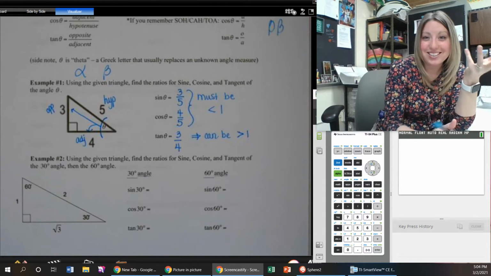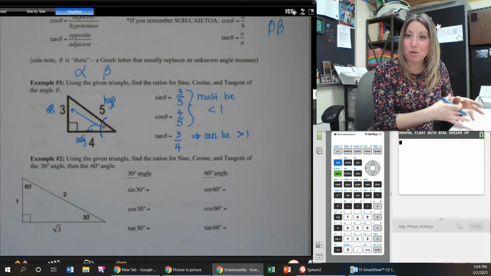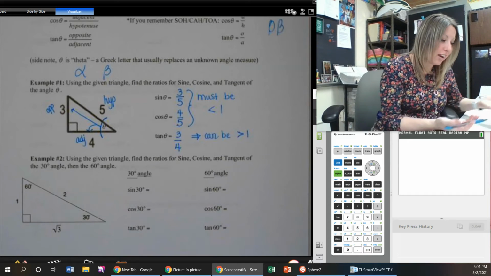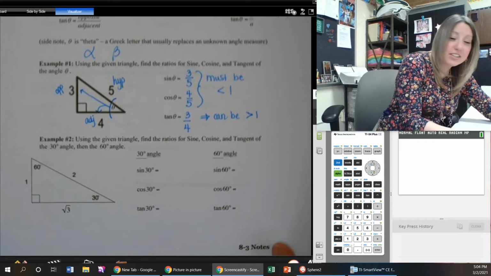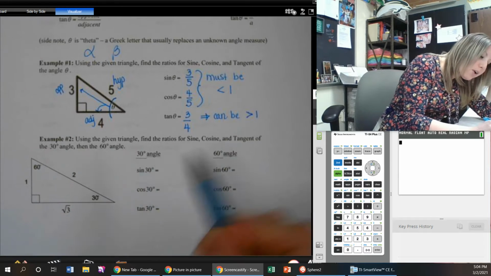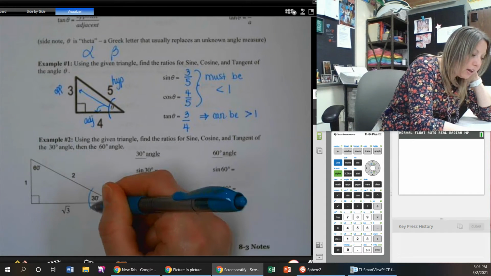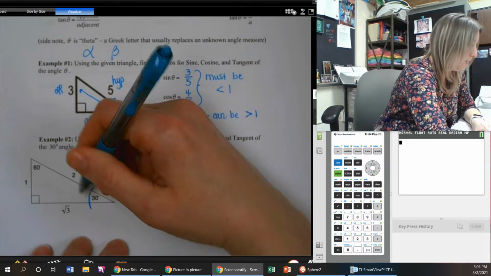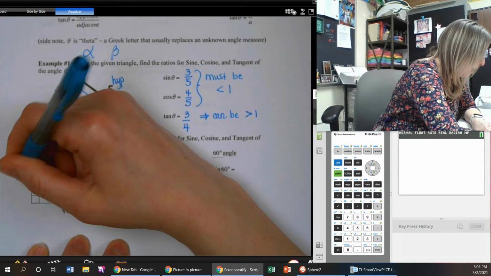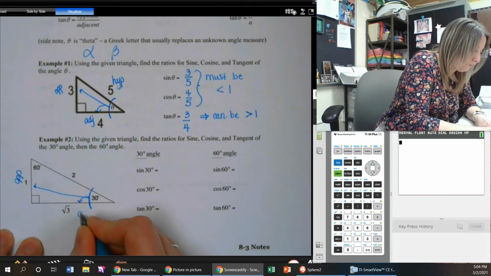So, how does this compare in a situation where I know my angle measures? Looking at these values that we kind of already knew, if I'm looking at the 30-degree angle, so this is my angle in question, then this is my opposite side, and this is my adjacent side.